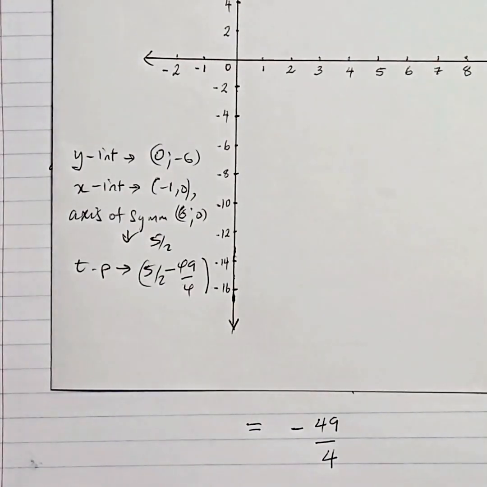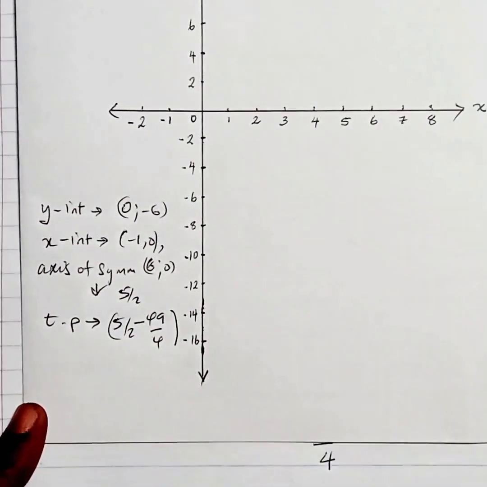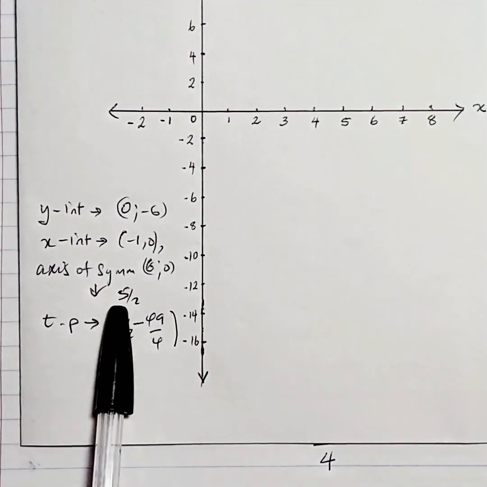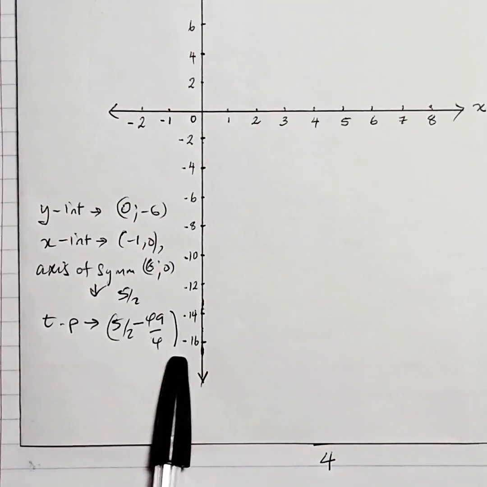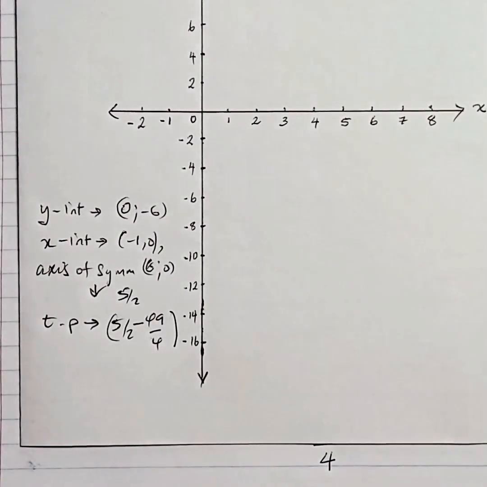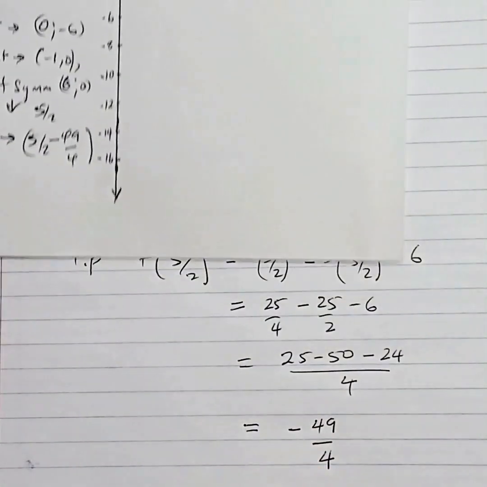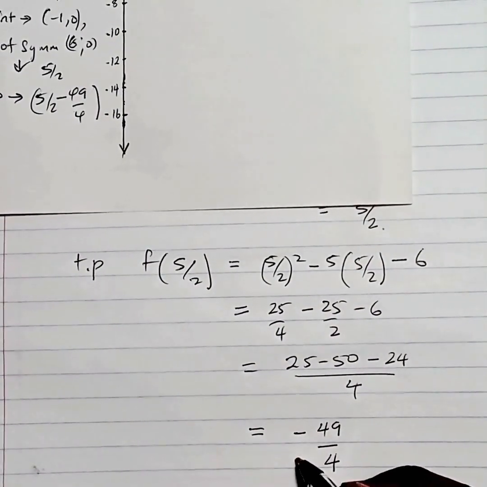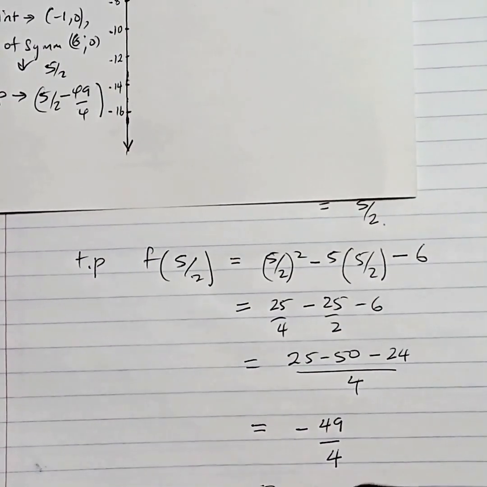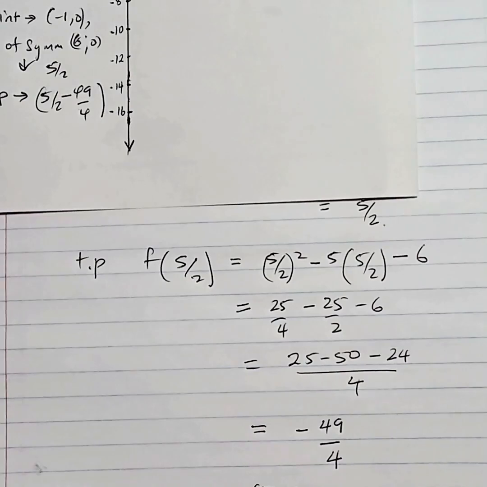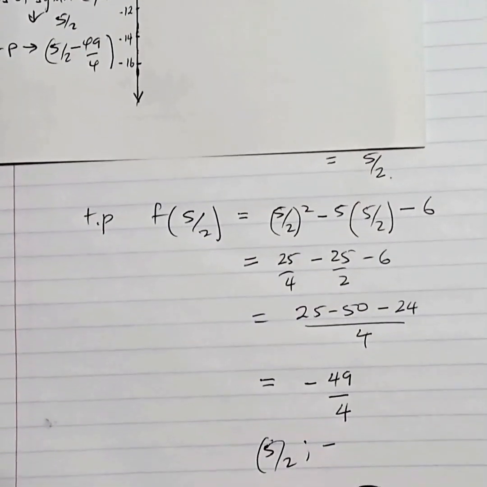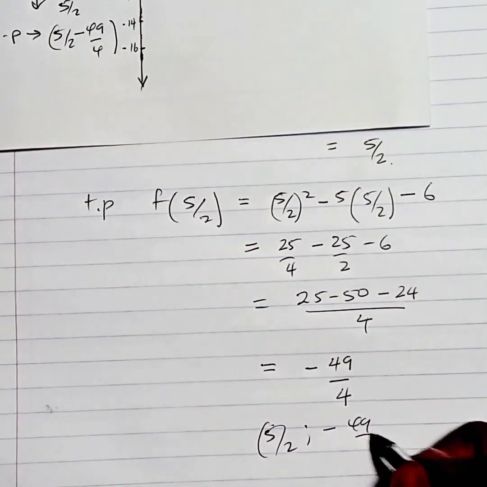So we got everything that we need to sketch that graph. We got the y-intercept, we got the x-intercepts, we got the axis of symmetry, and we have got the turning point. Actually, I was supposed to write it down here. The turning point is actually (5/2, -49/4).